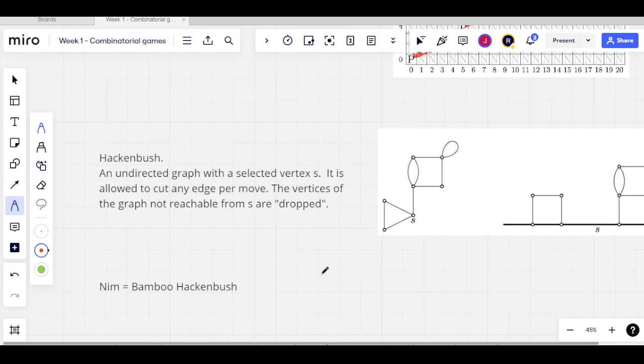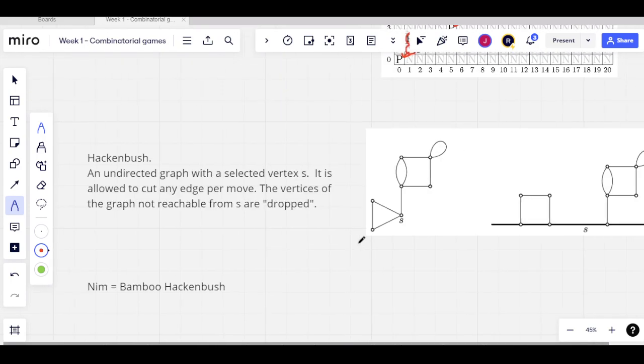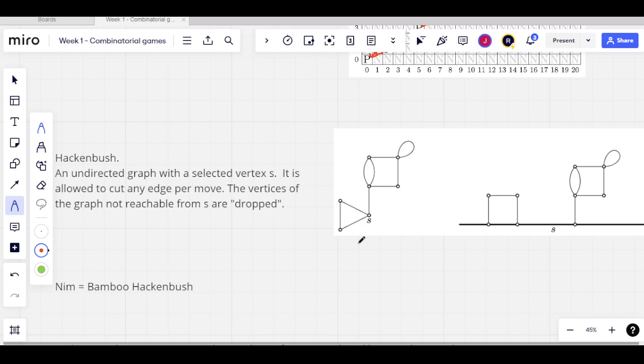Next is Hackenbush. Given an undirected graph, we can cut any edge from this graph, and vertices that are not reachable from S will be removed, and edges will be removed.